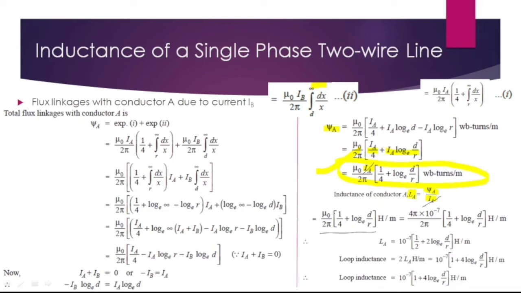I am placing here the value of absolute permeability mu naught, that is 4 pi into 10 to the power of minus 7, by 2 pi, of what is the remaining value, 1 by 4 plus log d by r base e, Henry per meter.